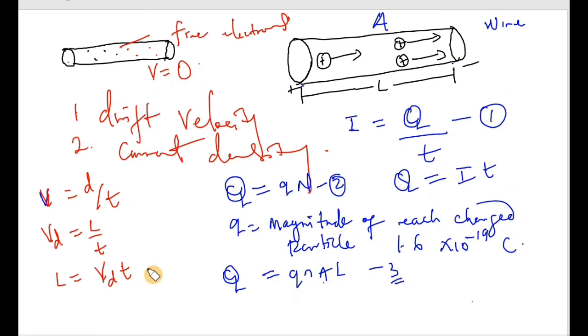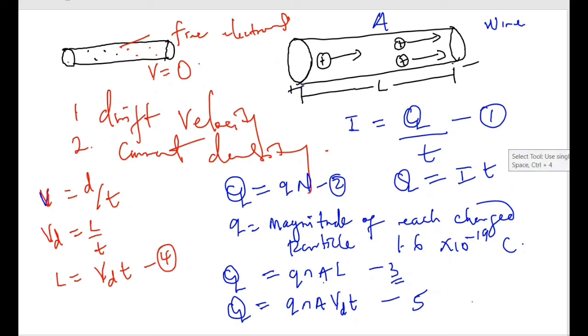We call this equation 4. If we put equation 4 in 3, Q, the total charge that will pass through this cross-sectional area, will be qnA, and instead of writing L, I'll write v_d t. So this is equation 5, the total charge that will pass through.